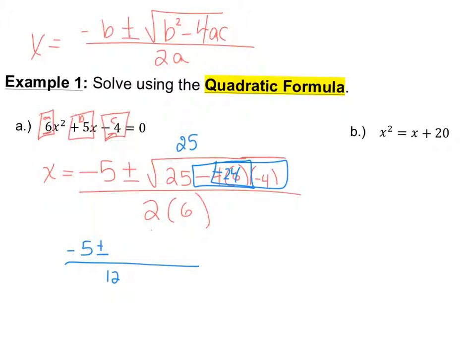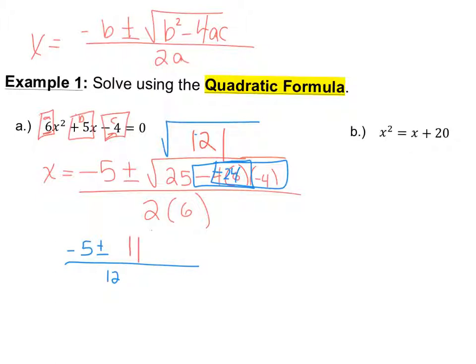So the inside of the square root in the quadratic formula is really 25 plus 96, which is 121. And so we're going to take the square root of 121, and that's going to be 11.